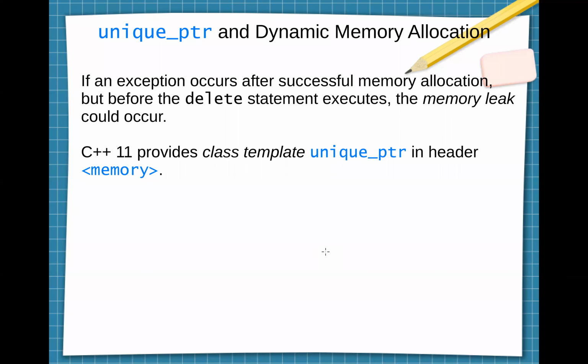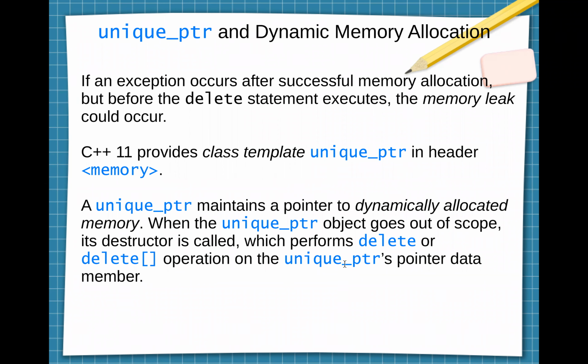And the C++ standard 11 provided us with a unique_ptr class. The header to use for this will be memory. What it will do is this unique_ptr instance will maintain a pointer to dynamically allocated memory, and automatically, when this unique_ptr goes out of scope, the destructor will be called.